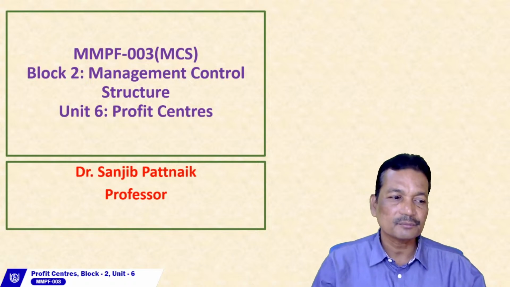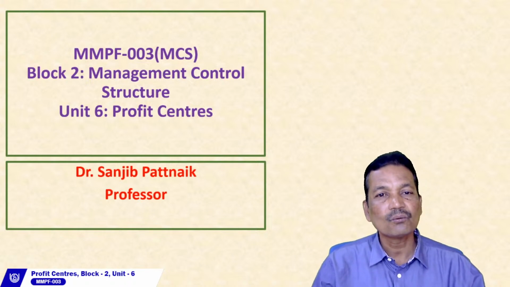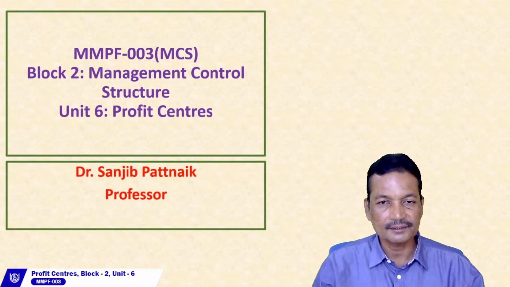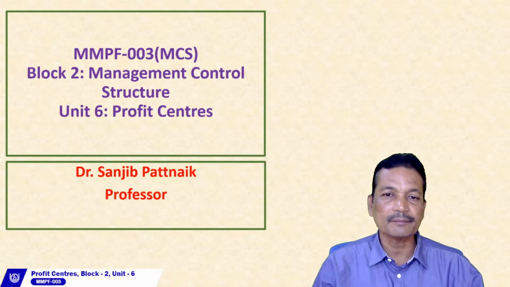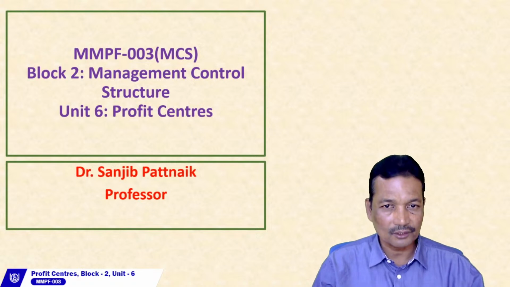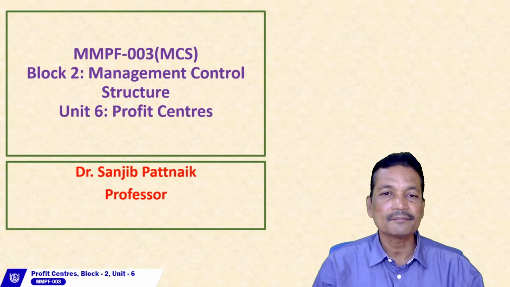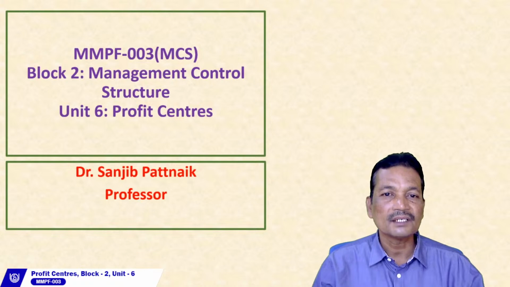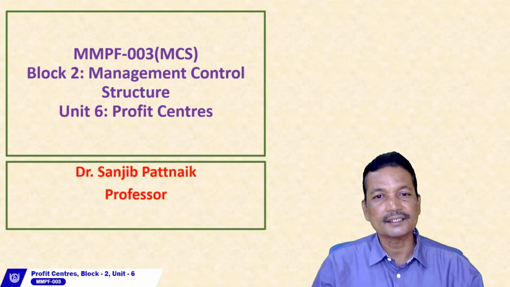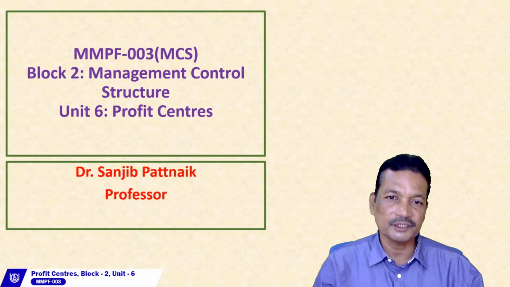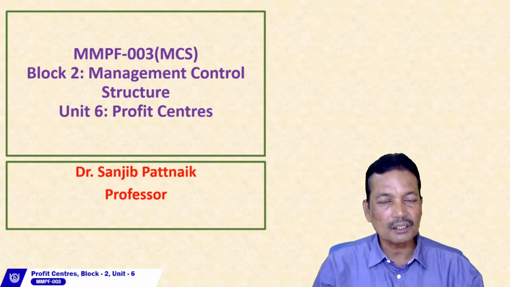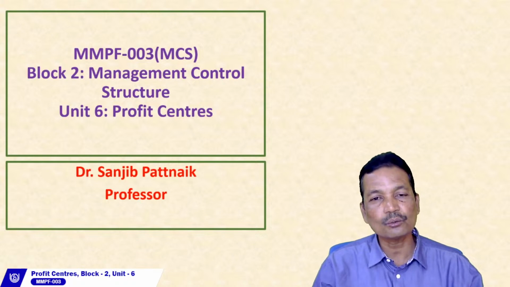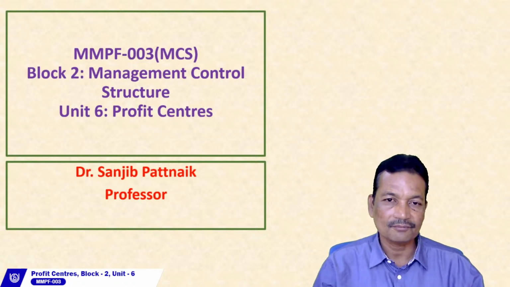Now when we saw responsibility centers, what is a responsibility center? It is a particular unit or segment or division of an organization whereby the particular unit's manager is delegated the authority to accomplish the objectives or to work for attaining the goals of the organization.